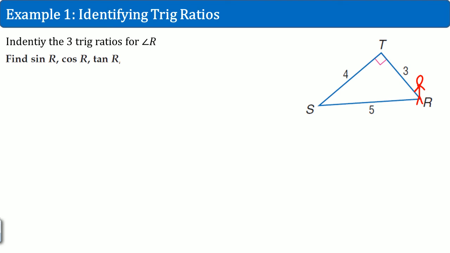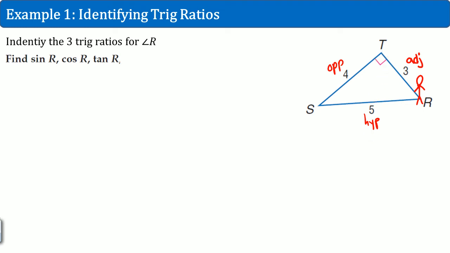So 3 is our closest one, so this is going to be our adjacent. 4 is on our opposite side, so this is OPP. Do you see how it's on the opposite side? And then the longest side, which is opposite to that 90 degrees, is your hypotenuse. That makes sense because it is the longest value.